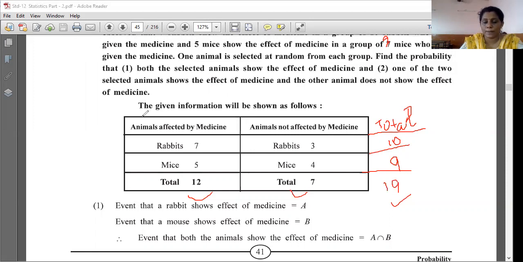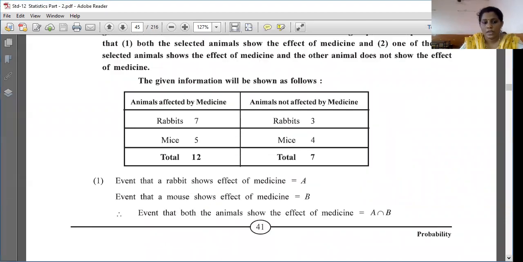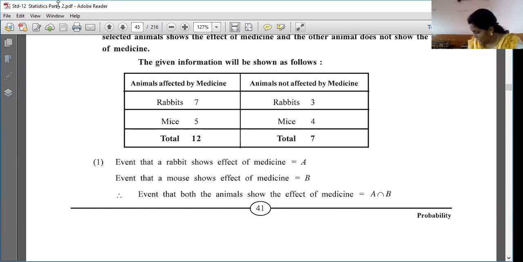That is our event first. Okay, the event that a rabbit shows the effect of medicine is A, and the event that a mouse shows the effect of medicine is B. Okay, wait. This much you have to do. I am going to rub all these things. Now see. Now in this, what was the condition given? That both the selected animals show the effect of medicine.